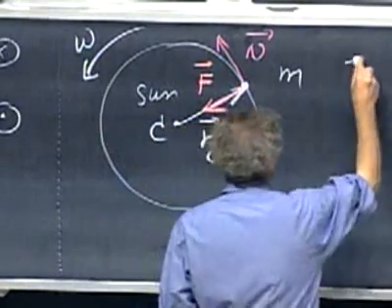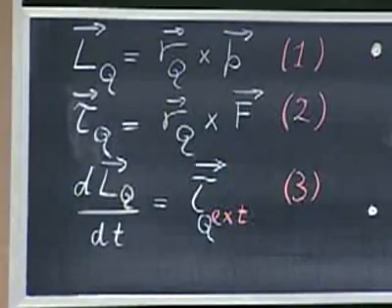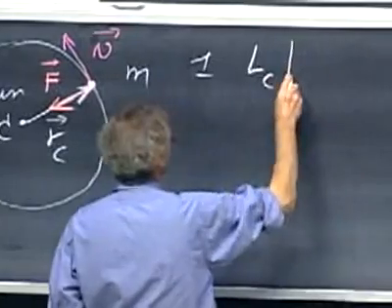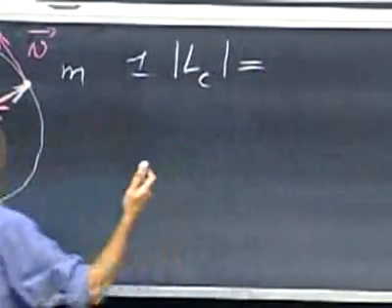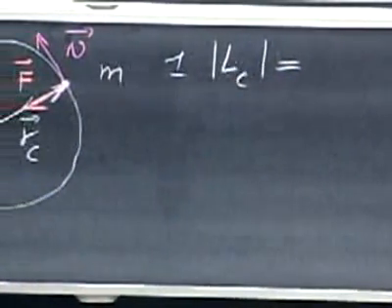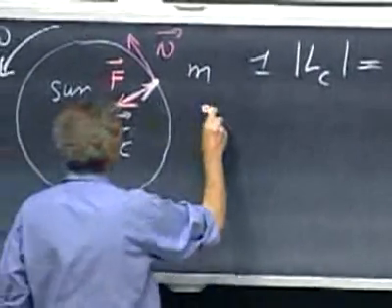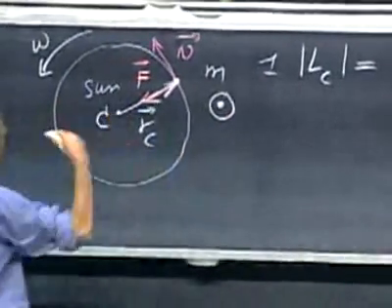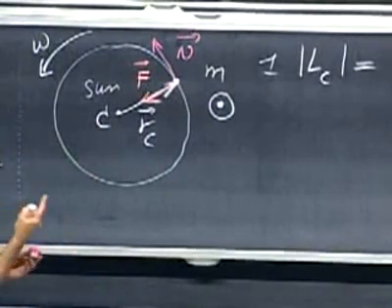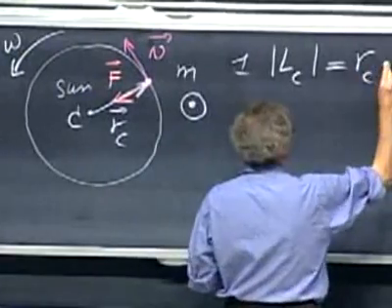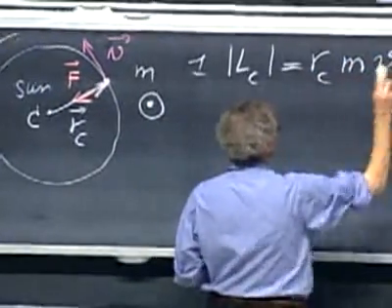Well, go to equation number 1. And the angular momentum relative to point C, L relative to point C, the magnitude, because the direction is clear, if it's going, as seen from where you are, counterclockwise, then the direction of the angular momentum will be pointing out of the blackboard. So I'm only interested in the magnitude. That will be r of c times the mass times v.